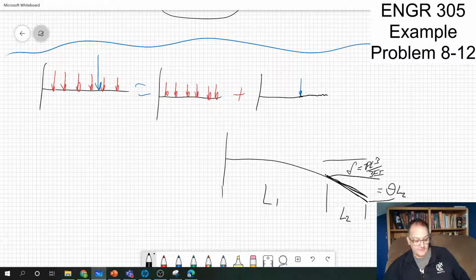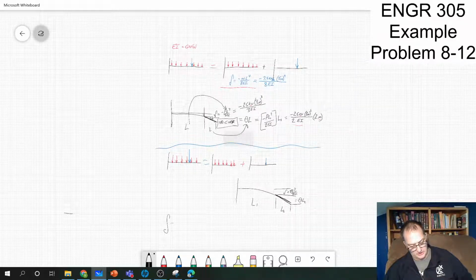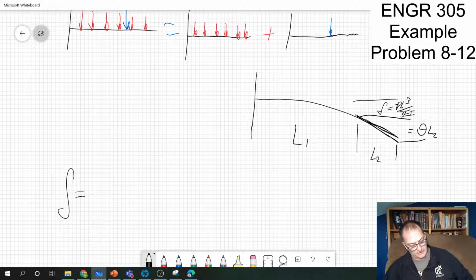All right? Now, if I write down all those equations, the total deflection is equal to, I kind of needed to do that, but that's okay. My total deflection is equal to, sorry, I'm going to try one more time.